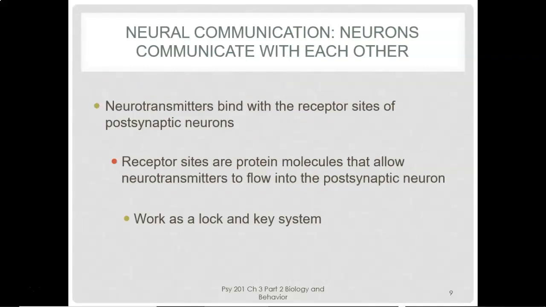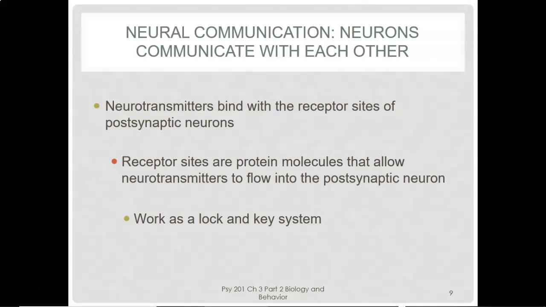Neurotransmitters bind with these receptor sites on the postsynaptic neuron, so the dendrite. These receptor sites are protein molecules that allow neurotransmitters to flow into the postsynaptic neuron. This is going to be the dendrite because only dendrites can receive neurotransmitters.